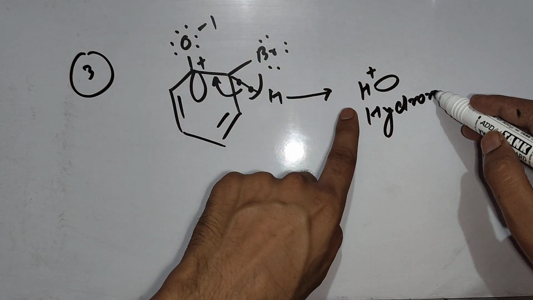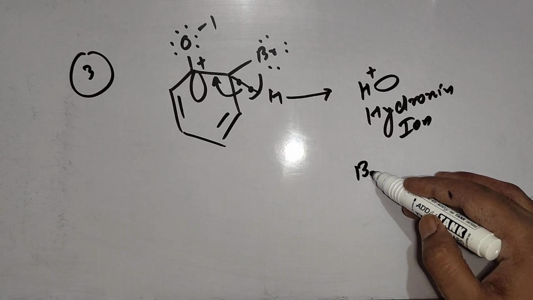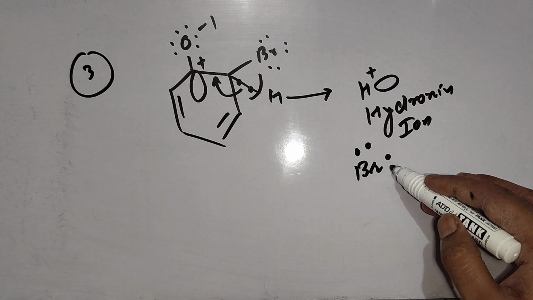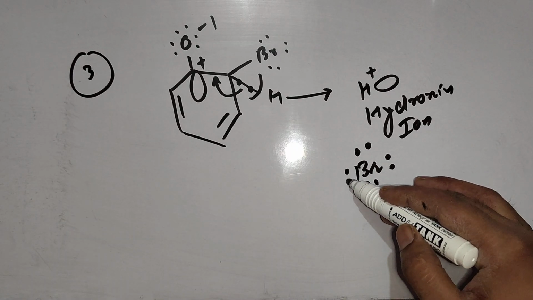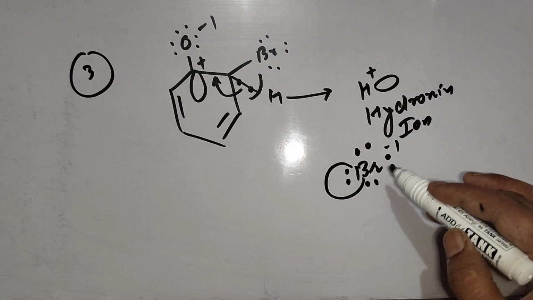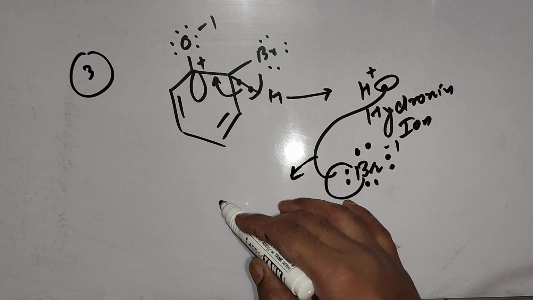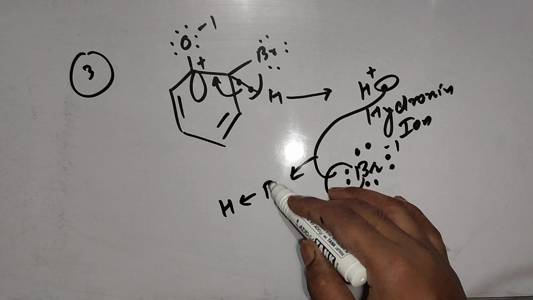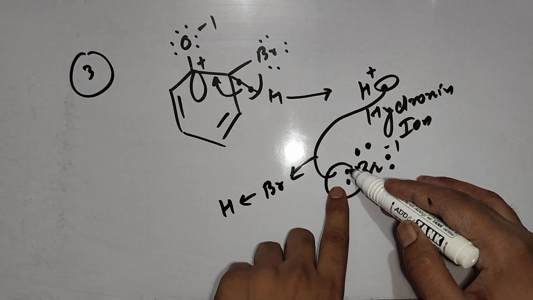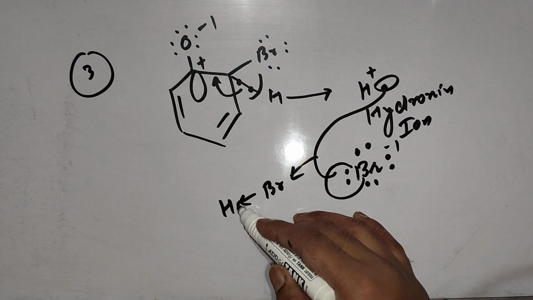Now this ion will react with the bromide ion that was generated in the second step, with 4 pairs of electrons. Using a lone pair, this bromide ion will make a dative bond with this. Now during dative bond formation, out of 2 electrons, 1 electron it will completely pass toward hydrogen here.